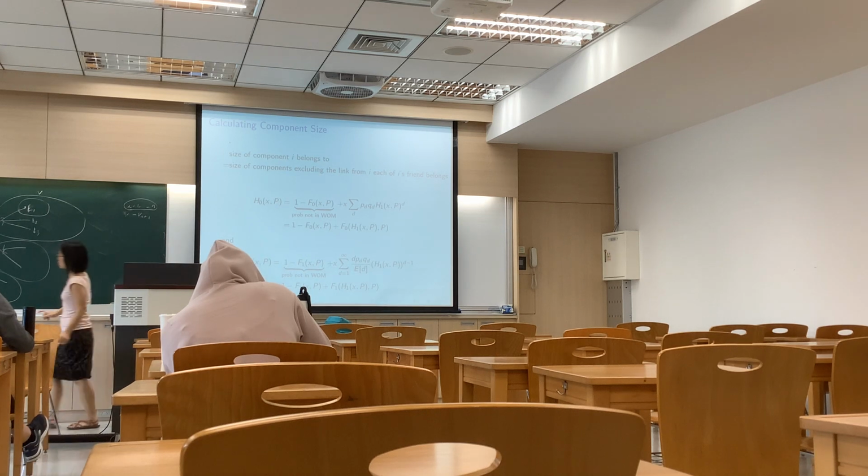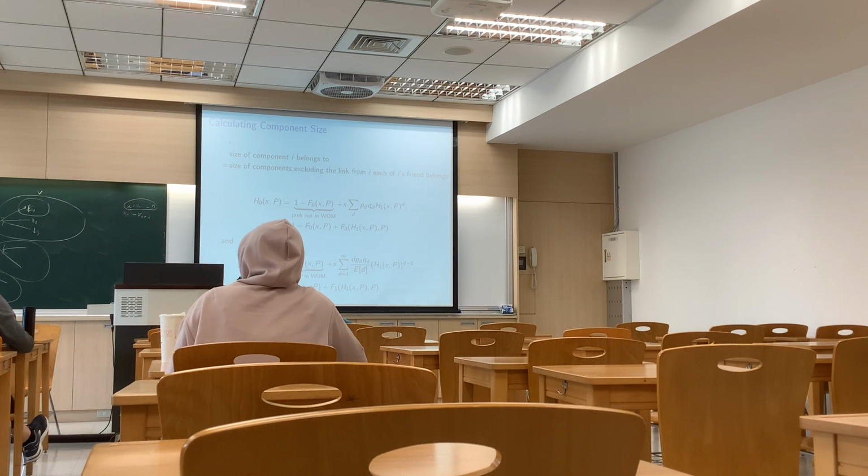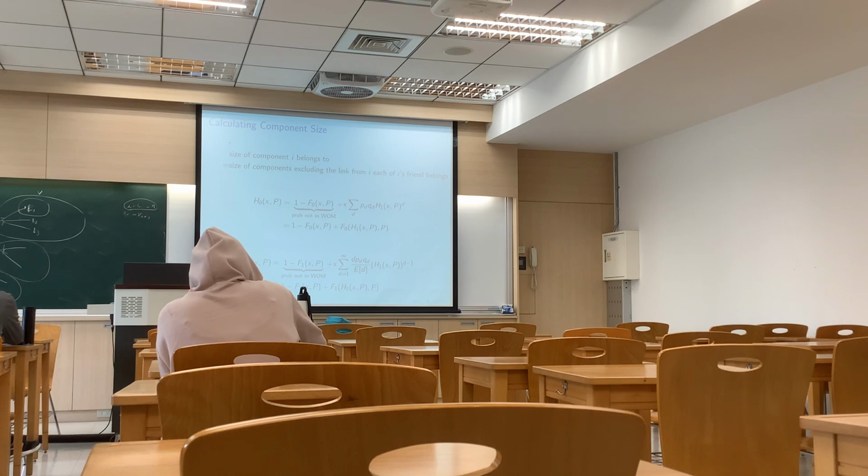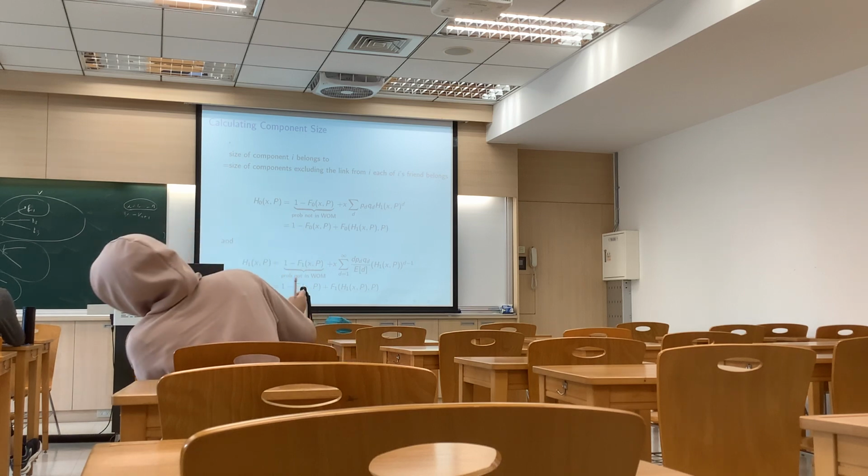And notice that phi is the expected value of this random variable, and h1 of x is its probability generating function. So phi is just h1 prime at 1: it's the expected value, so you take the first order derivative.